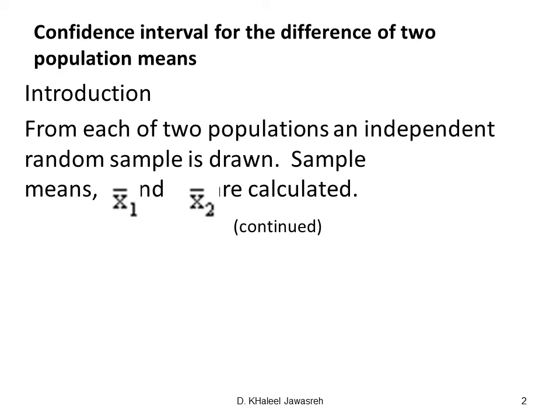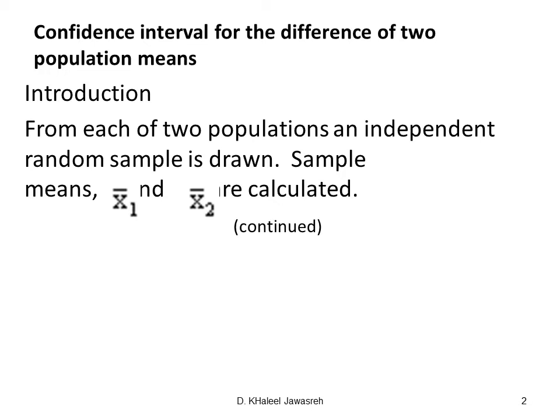In this chapter we will deal with two populations. From each of the two populations, an independent random sample is drawn. So we have two populations, and we need to draw two samples from those two populations.